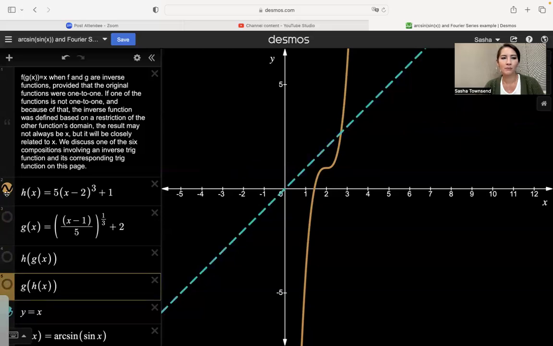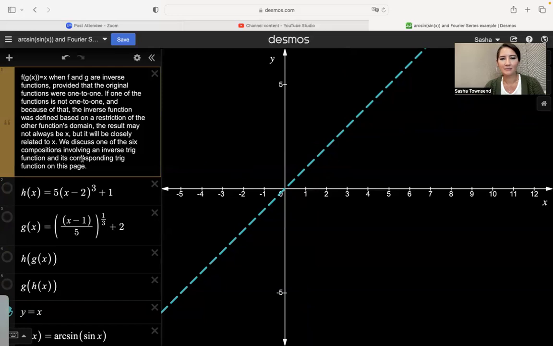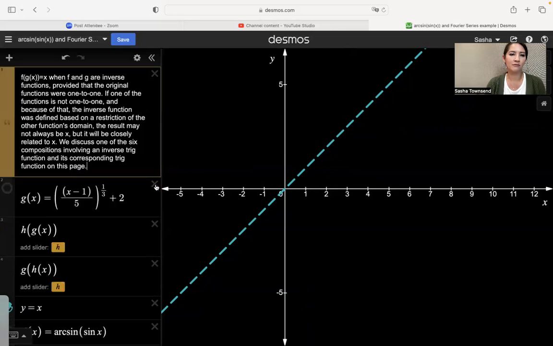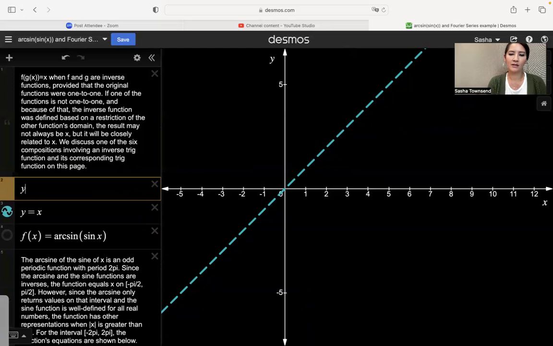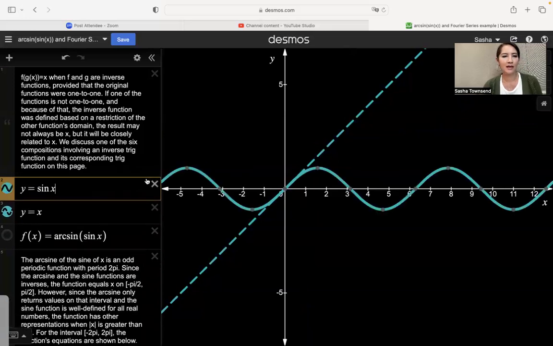But you might say, okay, but what about arcsine or arctangent? Remember, arcsine and arctangent come from taking functions like y equals sine of x, and then switching the roles of x and y.